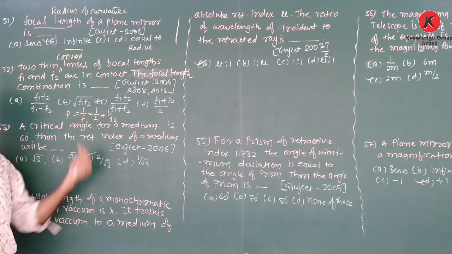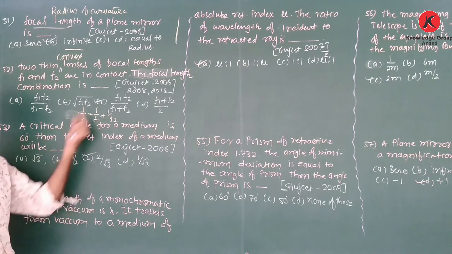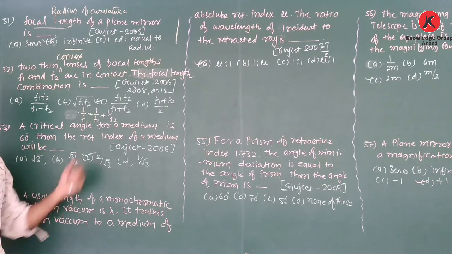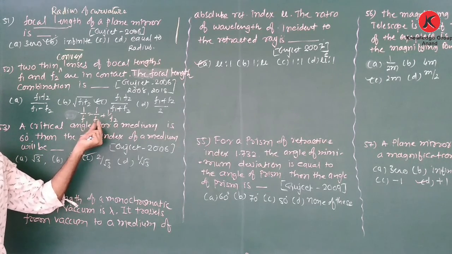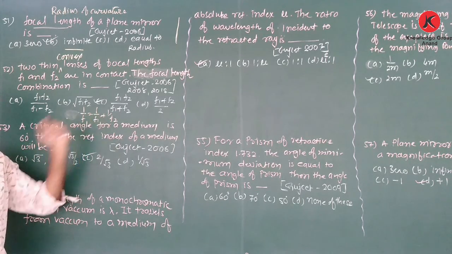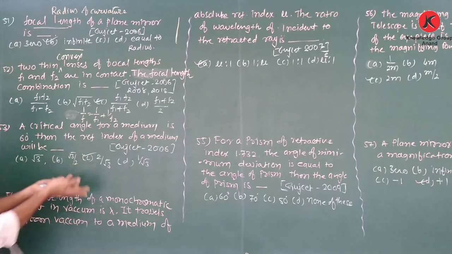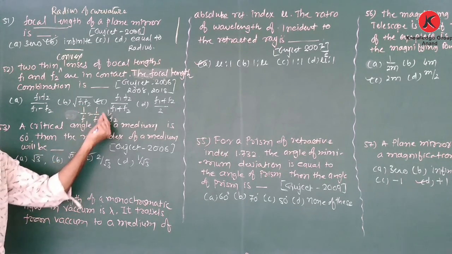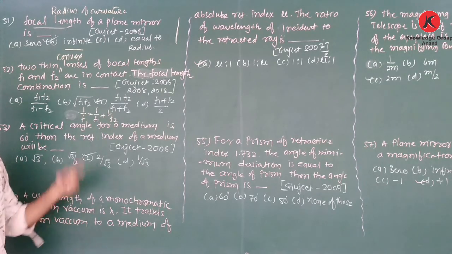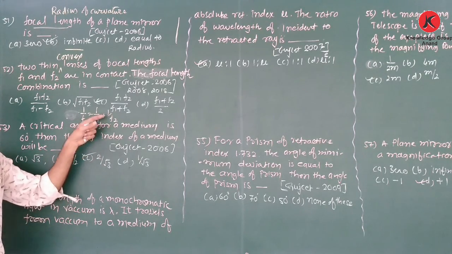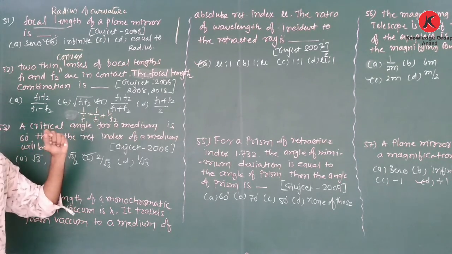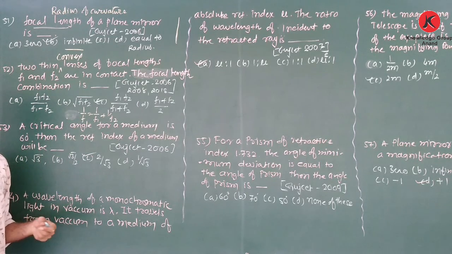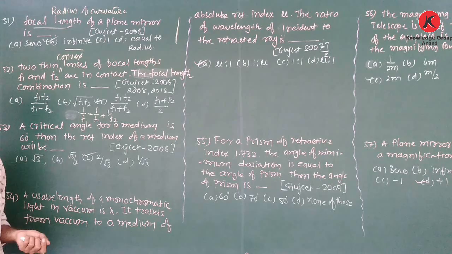Now 1 upon f is equal to 1 upon f1 plus 1 upon f2. We take the LCM, so in the denominator f1 f2, in the numerator f1 plus f2. Therefore, f is equal to f1 f2 upon f1 plus f2. And power is f1 plus f2 upon f1 f2. Understand or not? Power is the reciprocal of the focal length.